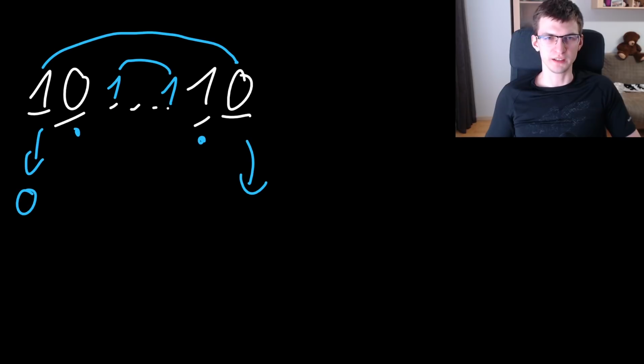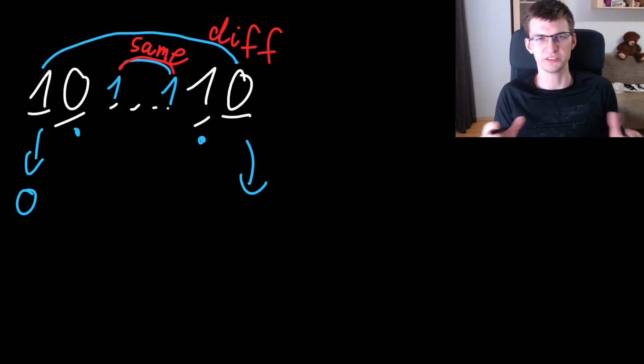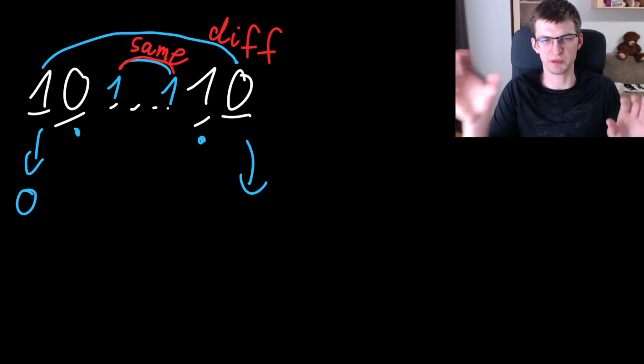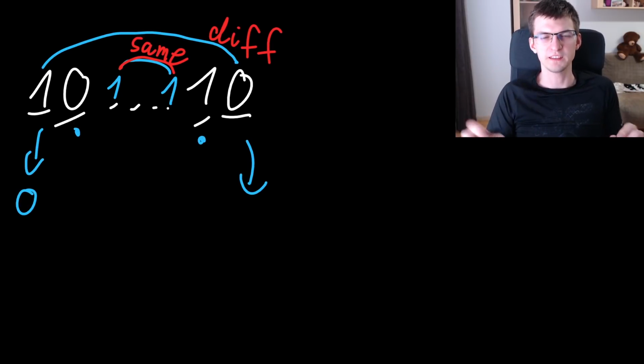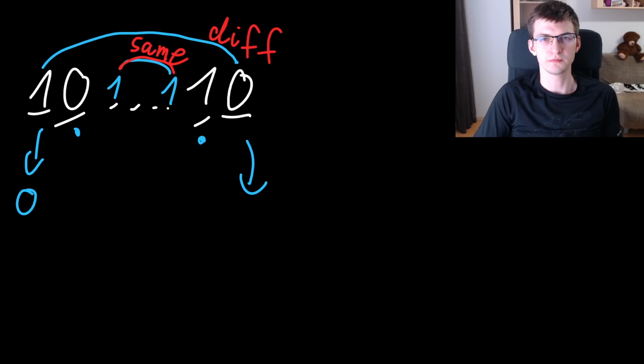My solution then is to find a single pair, let's say that I will call this same, a pair of same bits, and the other one is a pair of different bits, if both pairs exist already in my prefix plus suffix. Then I ask only about those and I use this information.